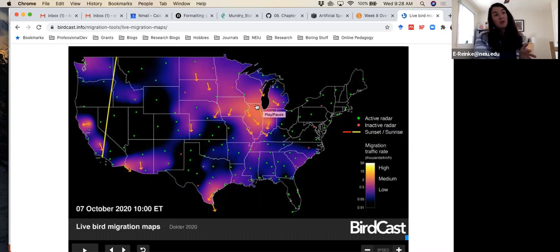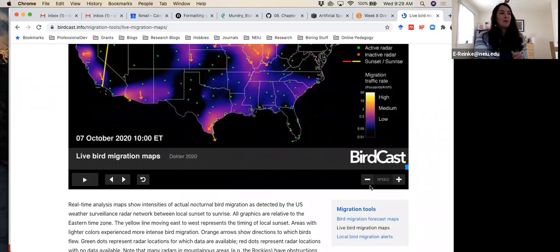And the birds that are coming through here are moving mostly this way, right? Which is not surprising because of that clockwise direction we talked about. So in the spring, we'd expect them to be coming up maybe less through Chicago, or at least the same species will be probably not coming back through Chicago. But right now, there's a bunch of birds flying over our heads, going kind of southeast. So this is really fun.